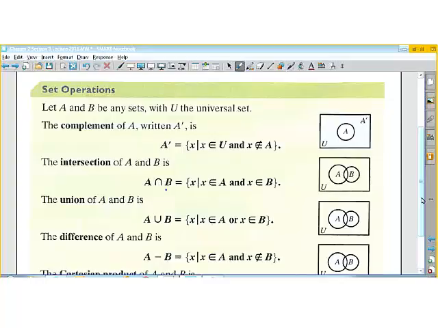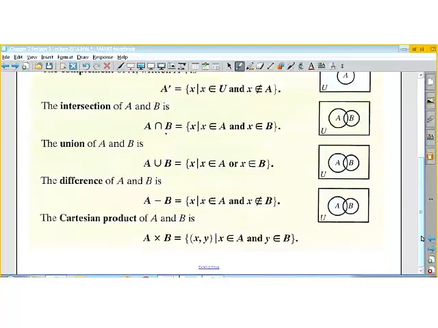And the difference between two sets, the difference between set A and B, is this circle would represent the elements that are in set A. When you subtract something, you remove the elements that are also in set B. So we take out this area. We're basically subtracting the intersection.